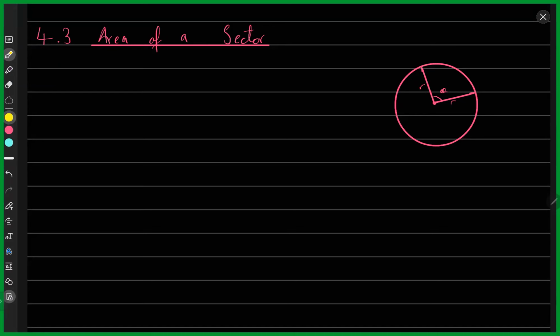This was basically the arc length. And this is basically the area of the sector. So this pizza slice type of a thing is basically your sector. And obviously area is the blue shaded part of this sector. Okay, so this is what exactly area means.